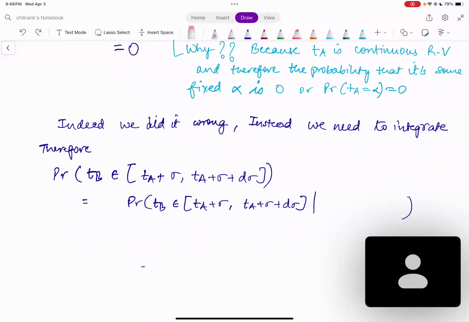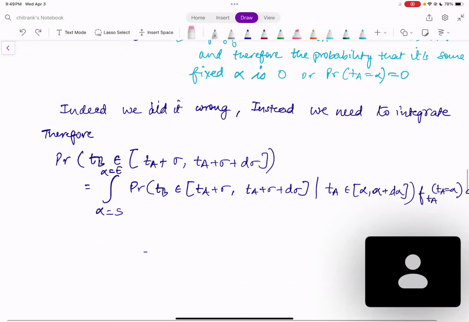The conditional is mostly the same, except that what you want to condition upon, as I just said, is the event that TA lies in the range alpha to alpha plus d alpha. This is the only change we have to make. And what we multiply with is the probability that TA lies in alpha to alpha plus d alpha.